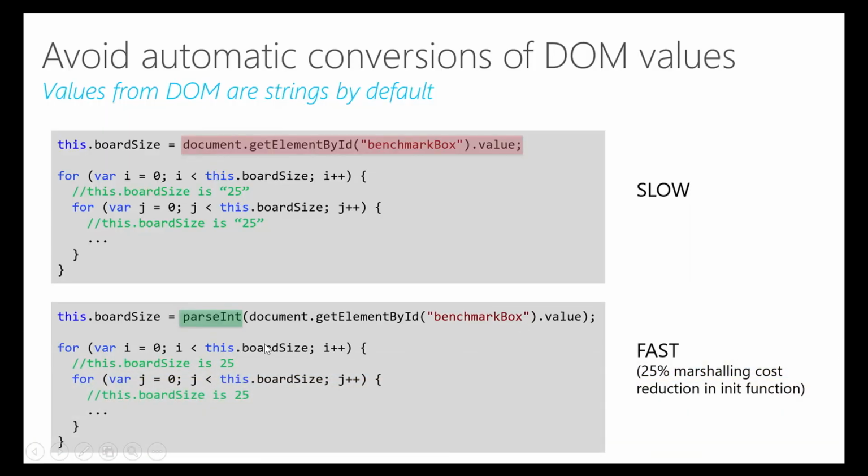Otherwise, you're going to process document.getElementById again and do the parsing again, which is really something you should avoid. As a result, just by doing parseInt and assigning the value, you could reduce the marshalling cost in your init function by 25%. That's pretty crucial, right?